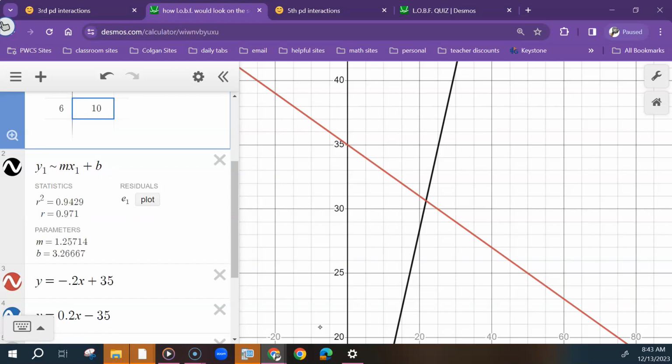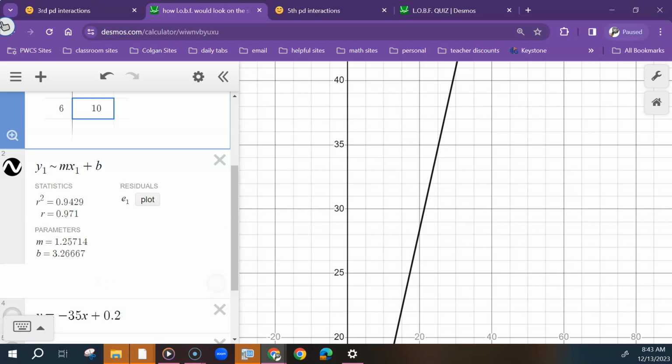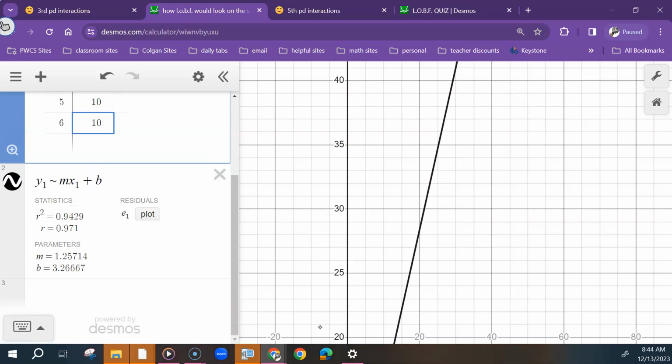And then if you left your y1 tilde mx1 plus b, it would change. And we see that our slope is 1.25.